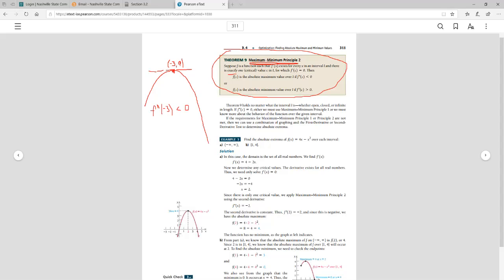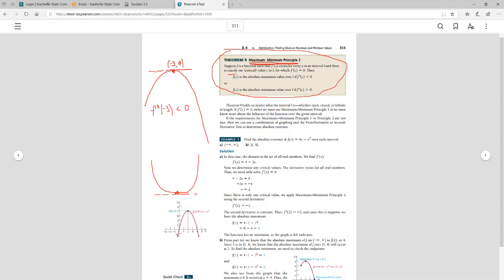The same thing about a situation, let's say like this. Again, I have only one critical value. Let's say it's right here, where the derivative is equal to 0. Well, here the second derivative would have to be positive because it's concave up.